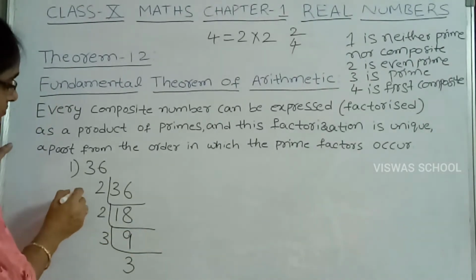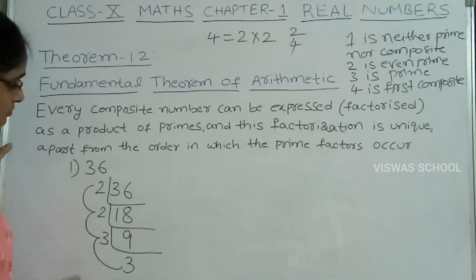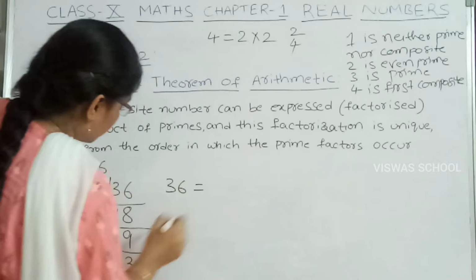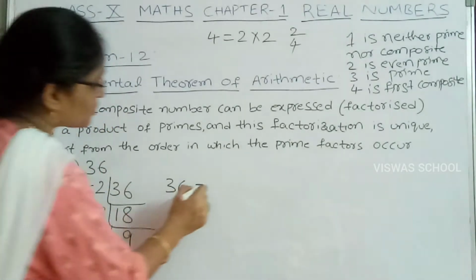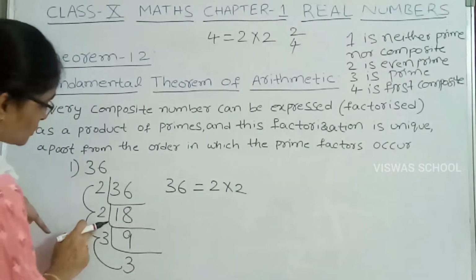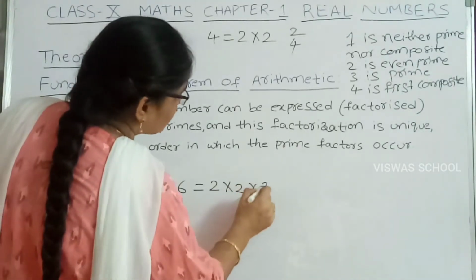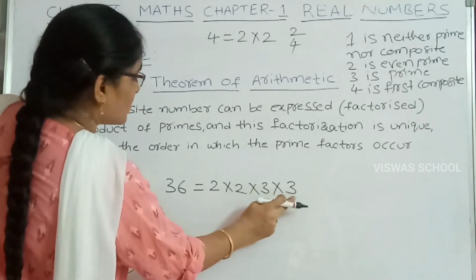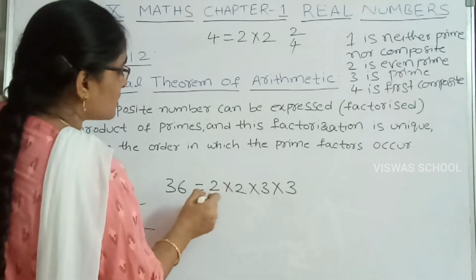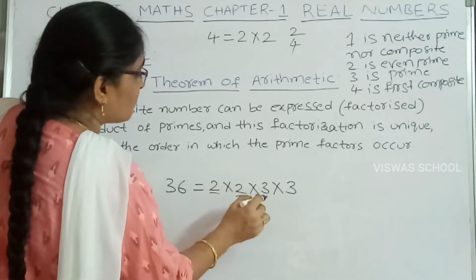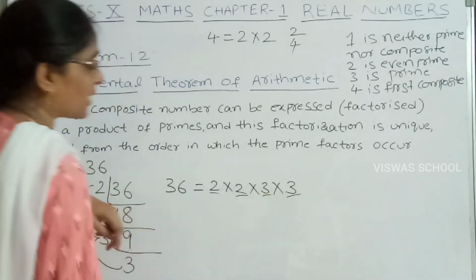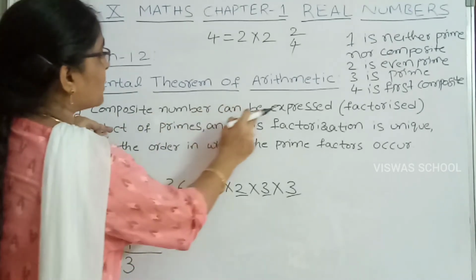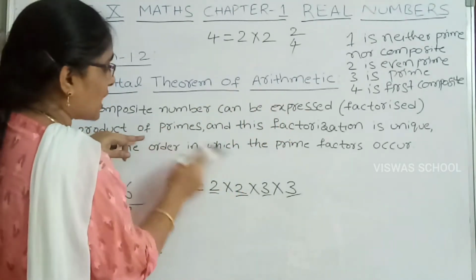So 36 equals 2 into 2 into 3 into 3. That is, 2 2s are 4, 4 3s are 12, 12 3s are 36. 2 is a prime and 3 is also prime. This is a product of primes. That is, every composite number can be expressed as a product of primes.